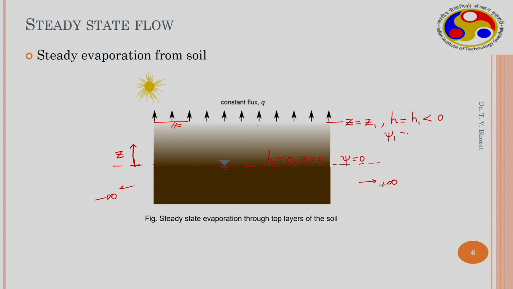So psi 1 is much higher than psi 0, or 0. But suction head is a negative value, which is much less than 0. So it may be minus 300 centimeter or minus 1 meter or anything it could be, depending on the evaporation rates and depending on the soil type. So depending on the unsaturation level here at the ground surface and the soil type, the values would vary.